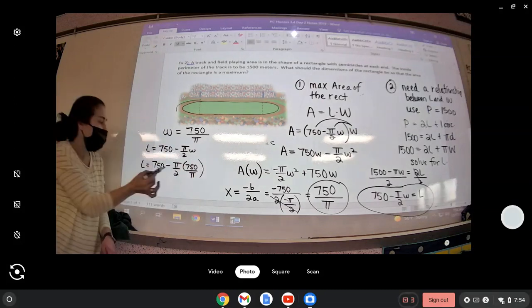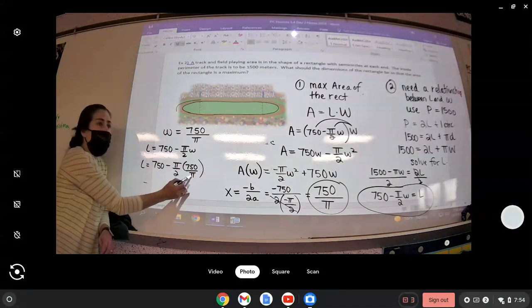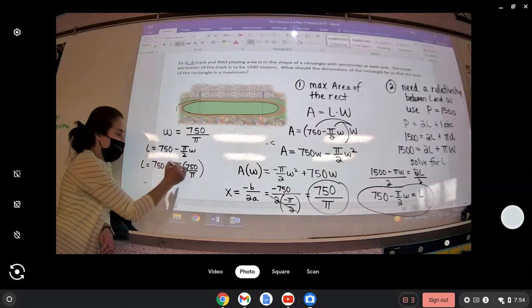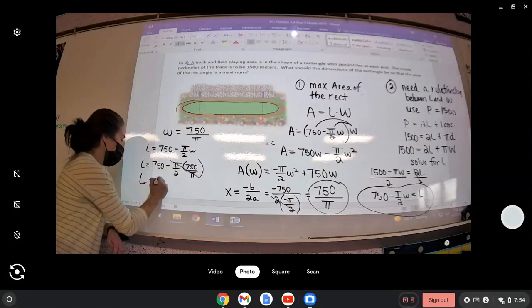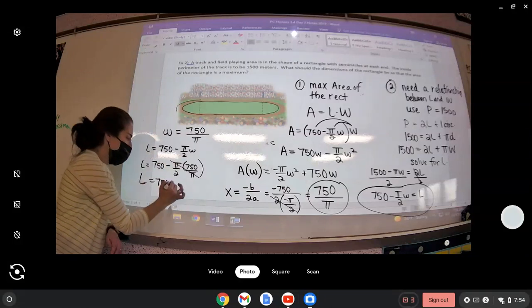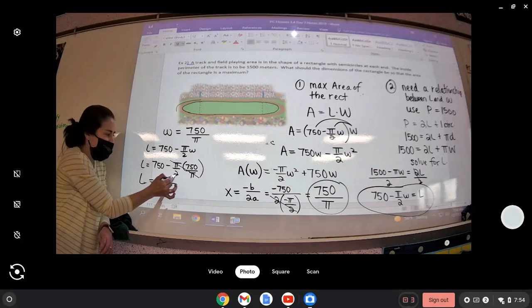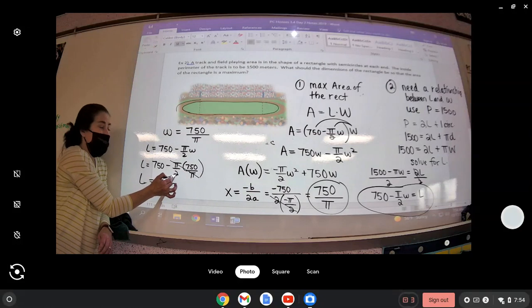Something nice happens. What happens to a pi on top and a pi on bottom? They cancel.